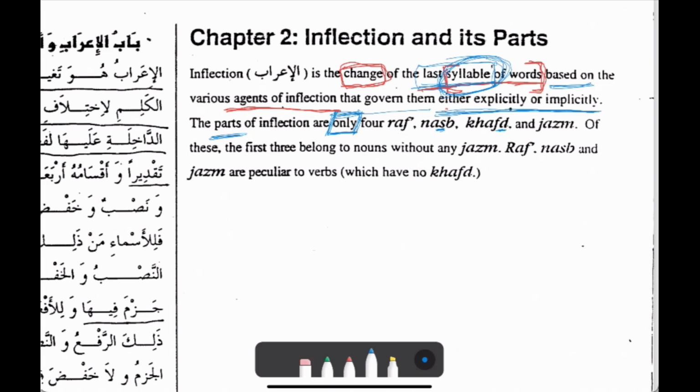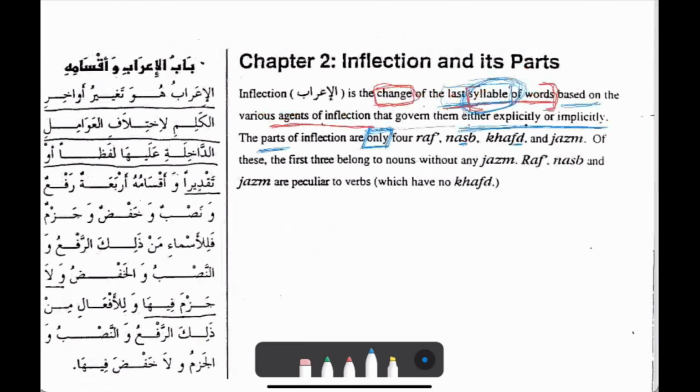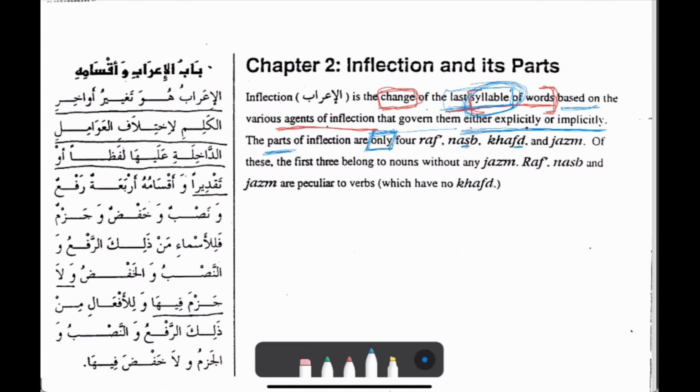Of these, the first three belong to nouns without any jazm. Rafa', nasb, and jazm are peculiar to verbs, which have no khafd.